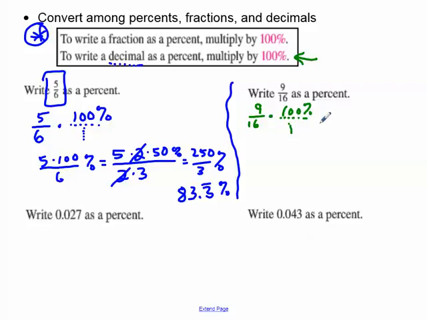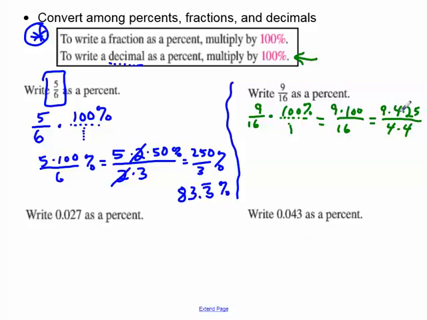We can bring it into fraction land. Now I got 9 times 100 over 16 times 1. Let's see, I bet there's a 4 in here. So I'm going to rewrite this as 9 times 4 times 25 over 4 times 4.